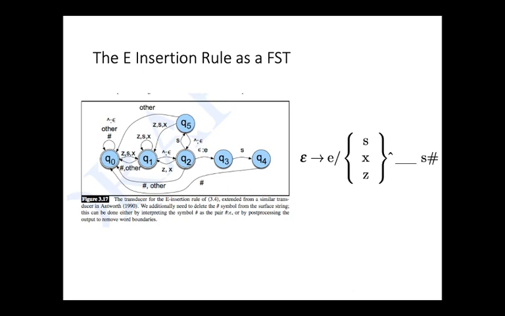And then we have another Z, so we take this loop back to Q1, and then morpheme boundary over to Q2.